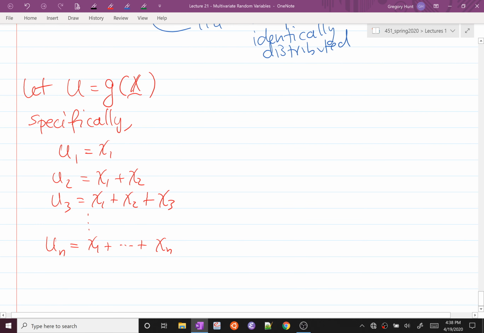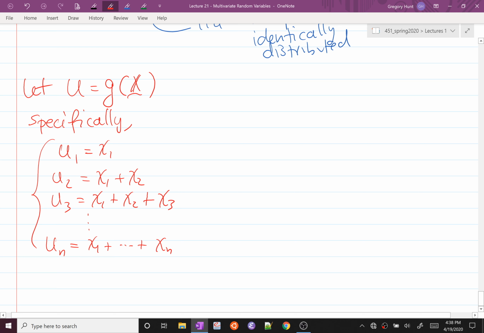So it's the sum of all of them. So I can define my u's this way, which is kind of the various partial sums of my x's: x1, x1 plus x2, x1 plus x2 plus x3, etc. I want to get the joint distribution of my u's, as defined here.